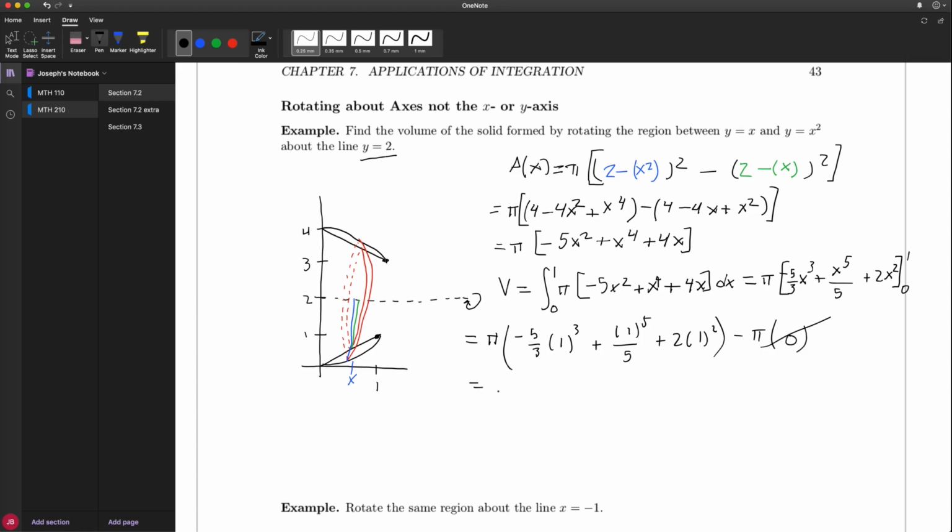Our common denominator is going to be 15, so we multiply this denominator by 5 and do the same to the top, and we get minus 25. This one we multiply by 3, and this one by 15, so we get plus 30. Adding all that up and simplifying, we get 8 pi over 15, which, if I'm not mistaken, is what we got in class.